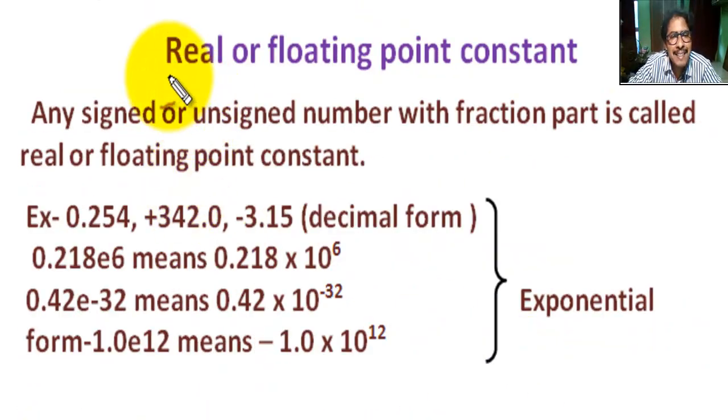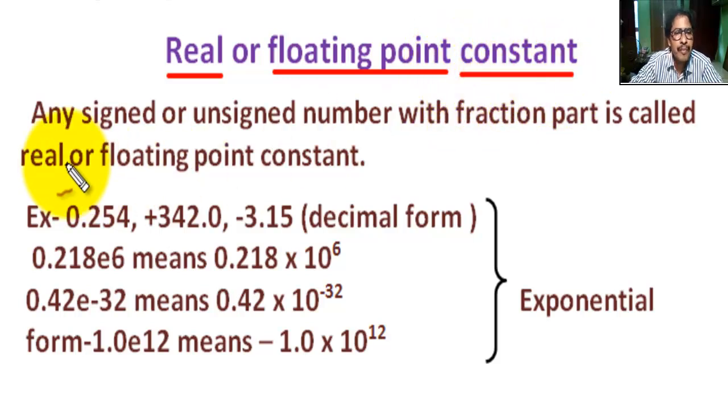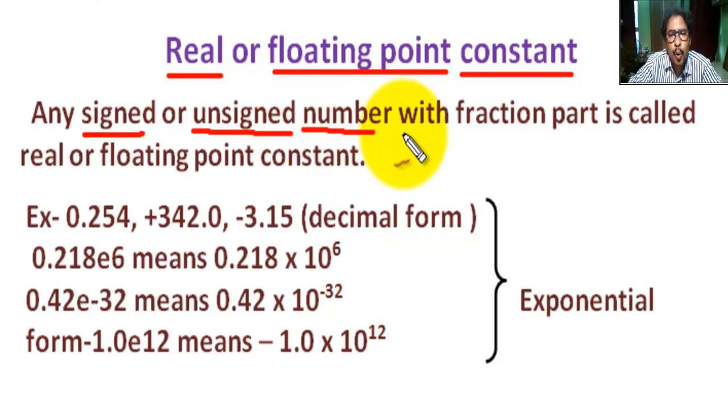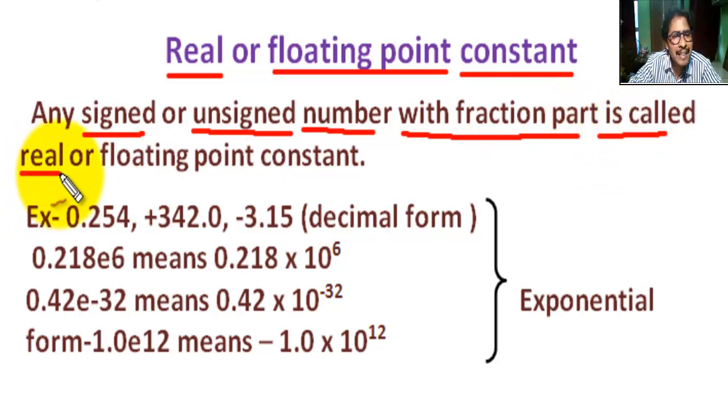Now, what is a real or floating point constant? Any signed or unsigned number with a fraction part is called a real or floating point constant.